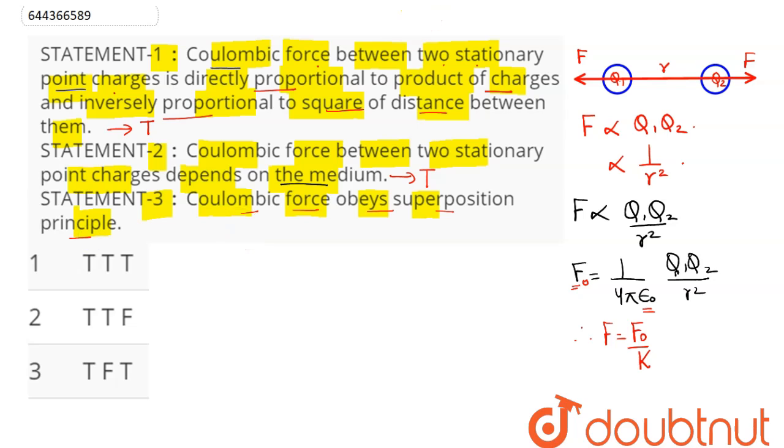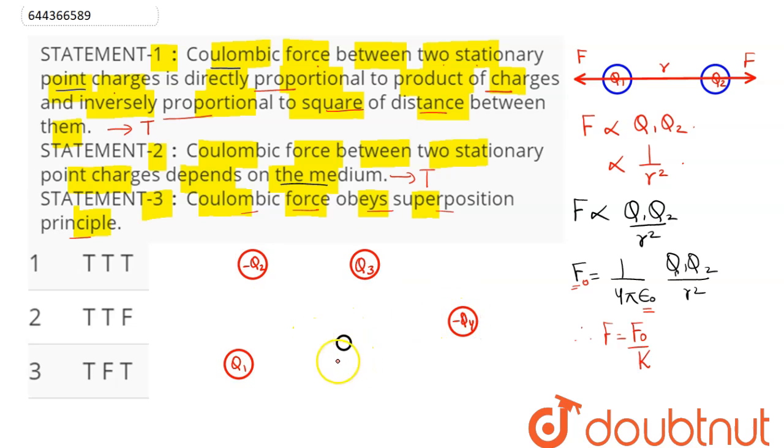Since Coulombic force is a vector quantity, hence we can say if some charges are placed in a surrounding to, let's say here, our central charge at this point, let's say here plus q. So we can see here the surrounding charges, let's say here this is q1, this is minus q2, this is plus q3, this is minus q4, and so on.